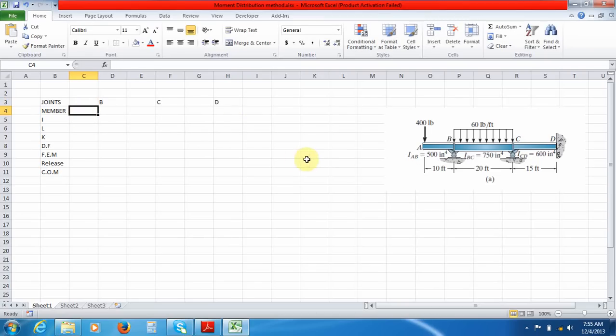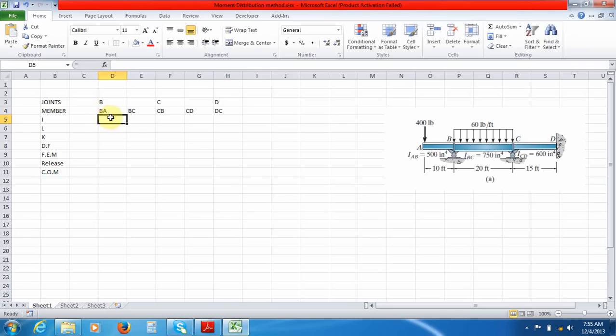We can see that we don't need member AB because it's a cantilever member. So we'll start from here: BA, now BC, and CB, and CD, and DC.